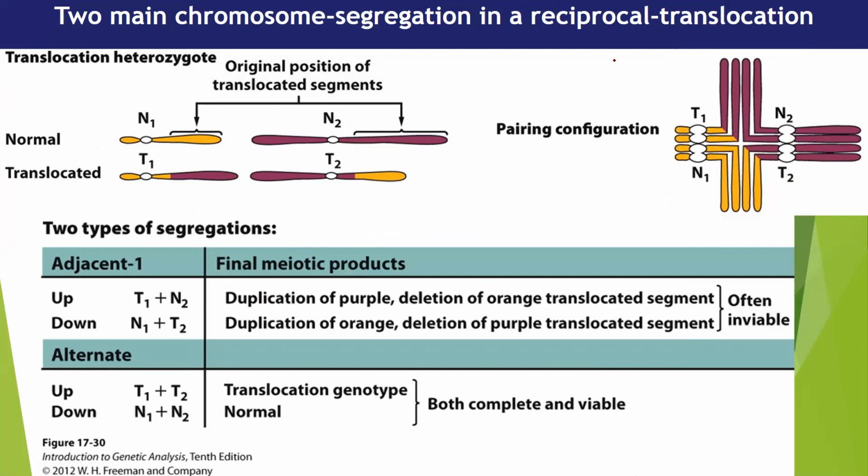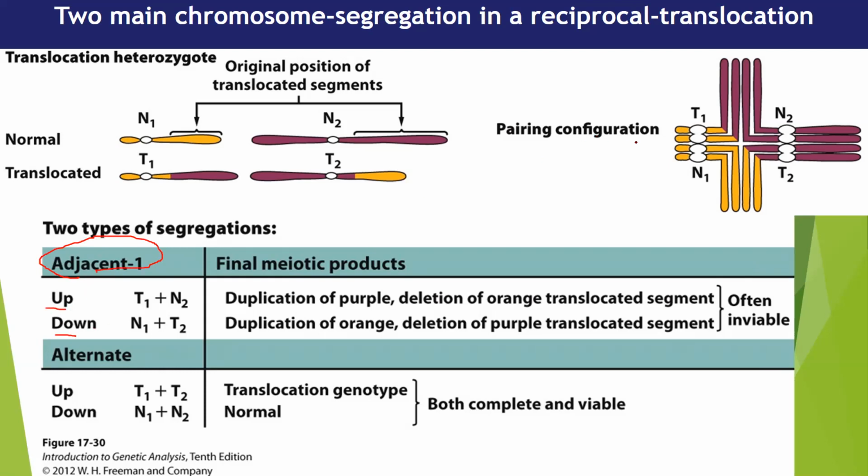Okay, now after the pairing, there's a segregation, right? The diploid cell is going to go through two rounds of division to form gametes. For the translocation heterozygous, with the pairing configuration like this, there are two possible ways for these four chromosomes to separate. The first one is called adjacent-1, which is up and down.